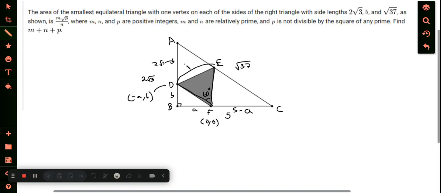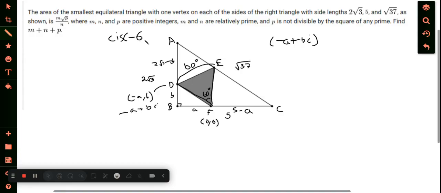This is just a 60-degree rotation, counterclockwise. So in fact, we can write this as a complex number to find the coordinates of E: negative a plus bi times the cis function of negative 60.